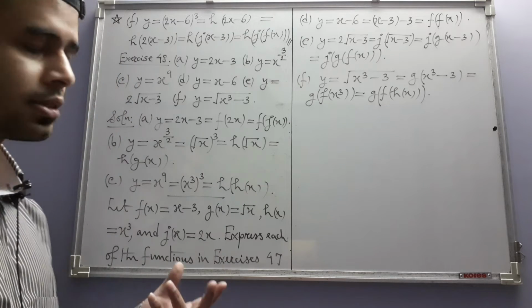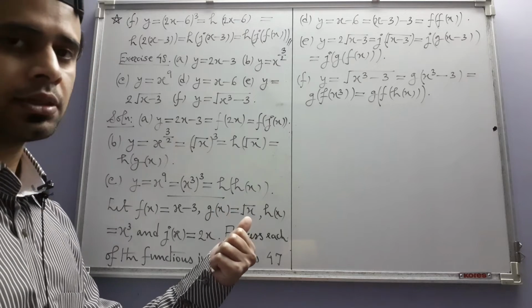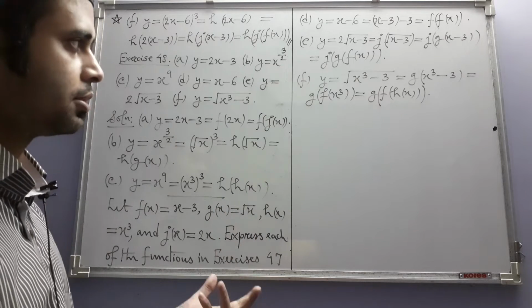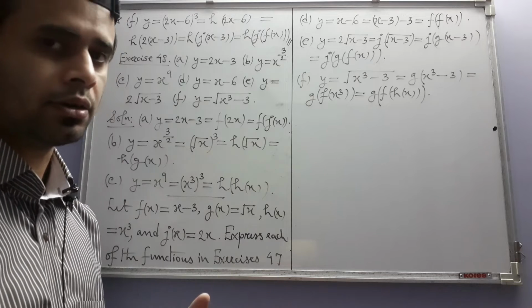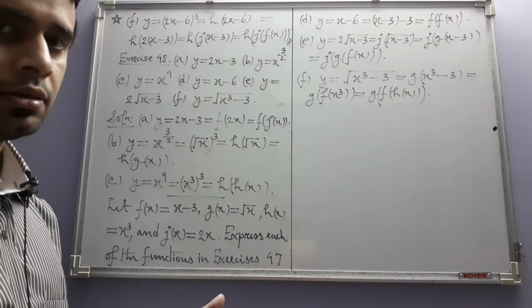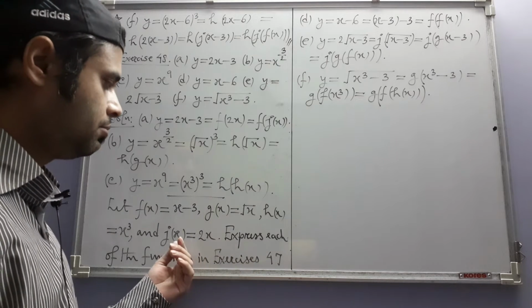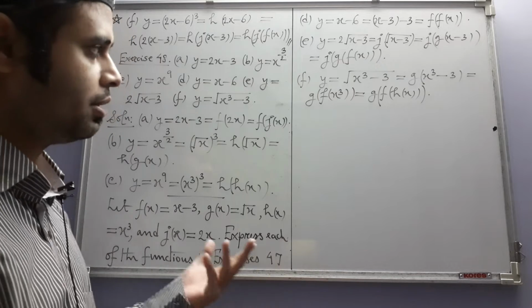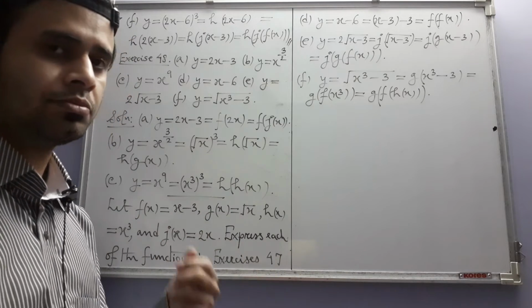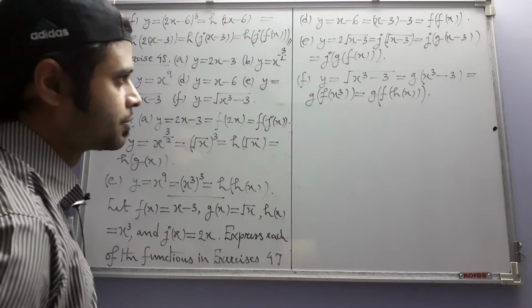These exercises of trying to recognize what the given function is in terms of compositions will be helpful later on when we learn how to differentiate a given function which turns out to be a composition of some other functions which are easier to differentiate.